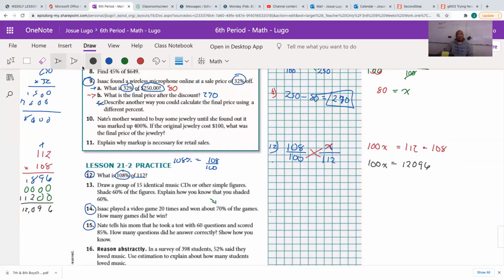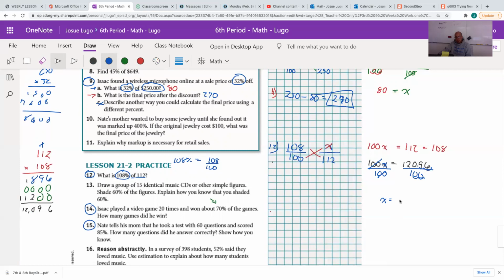So now we know how to solve equations. We always want to isolate the variable. So we want this variable to be all by itself. So I'm going to do the opposite of multiplying by 100, which is to divide by 100, thus isolating the variable. But whatever I do to one side of the equation, I must do to the other. Remember the shortcut. You can divide 12,096 by 100, or you can just move the decimal over two spots.